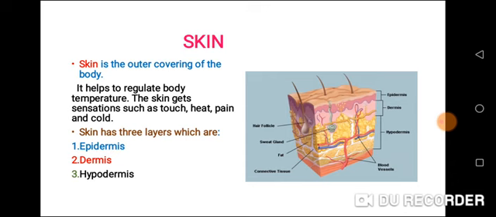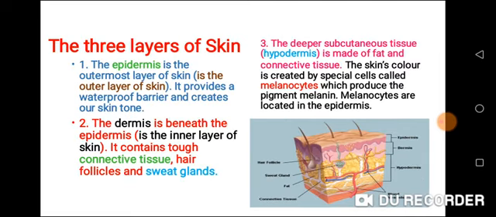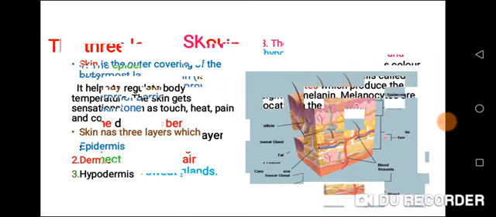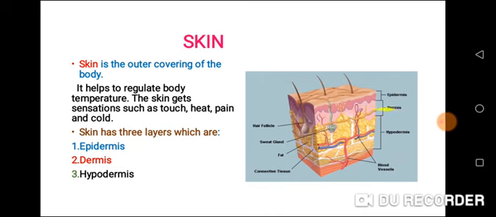As you can see the picture on the screen, you can see epidermis, you can see dermis, and also you can see hypodermis. These are the 3 layers of the skin.